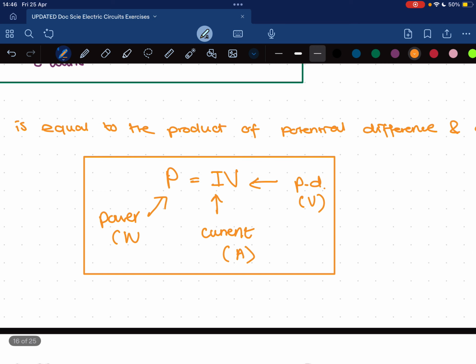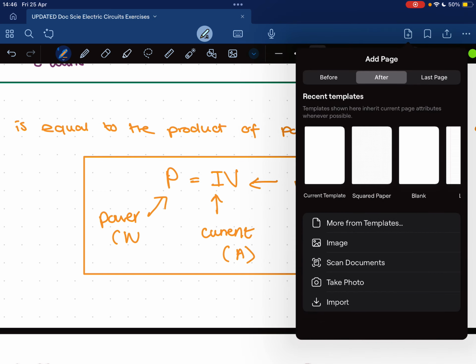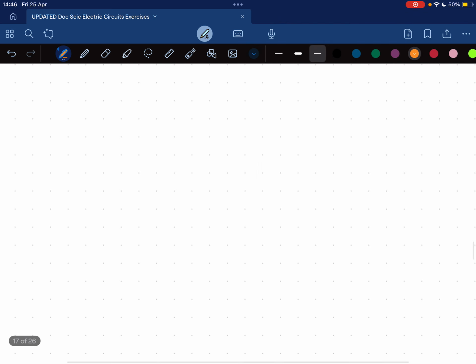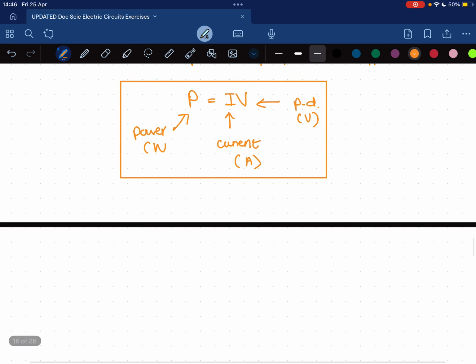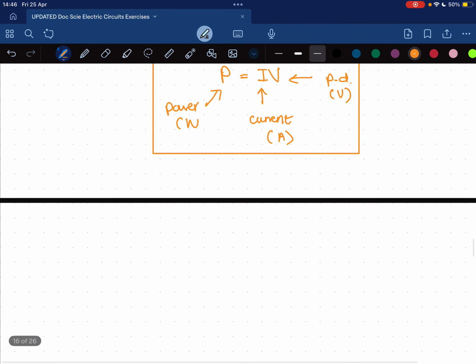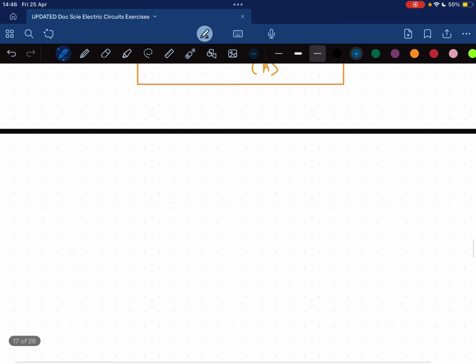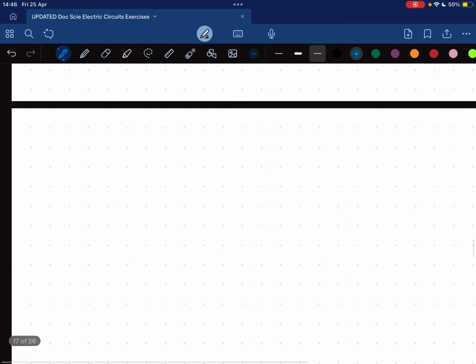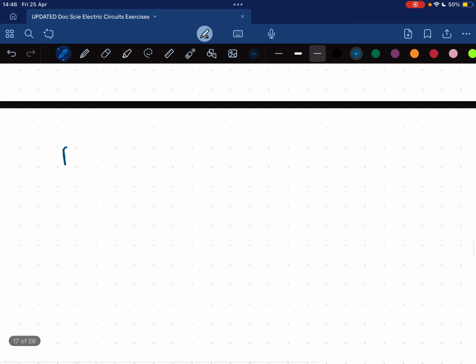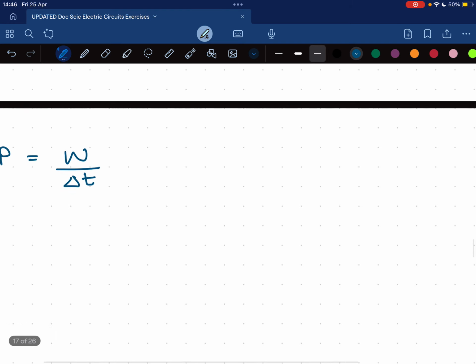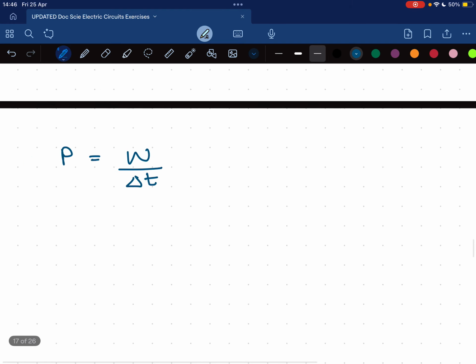Now from this equation, we can derive certain formulas from this power equation. So if we start off, we can think, okay, well, power is equal to W over delta T. Now if I consider my other equations, so we'll just leave this one here.